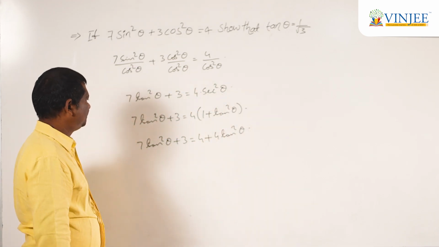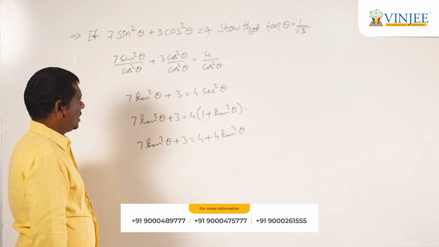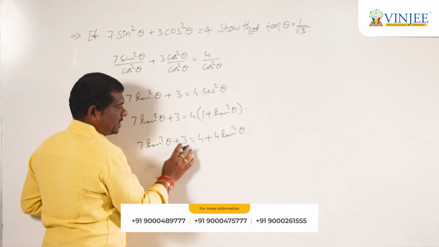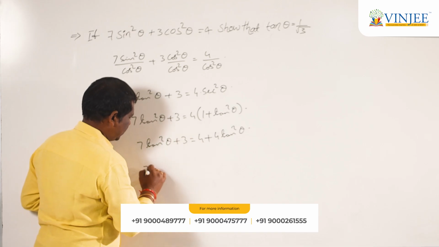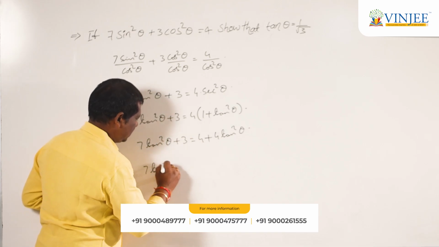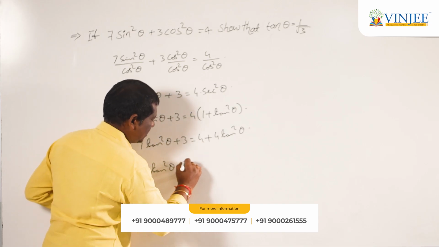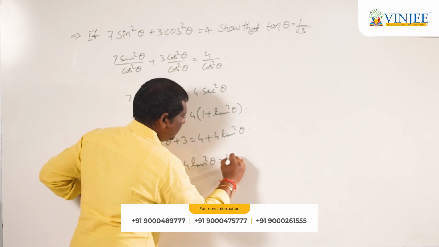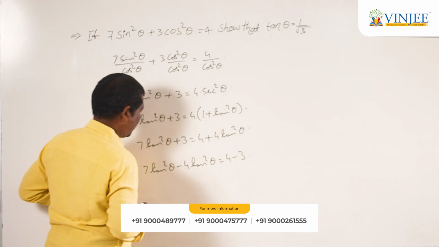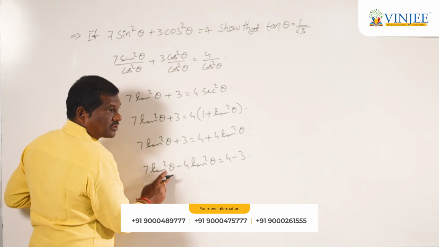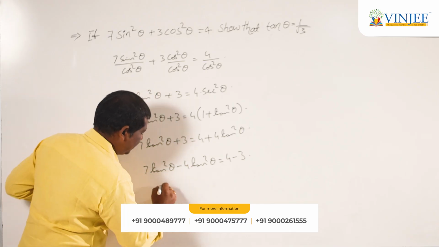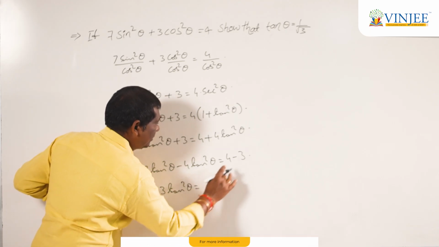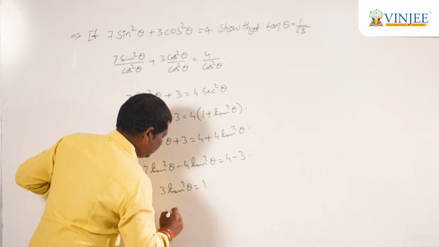Now here I will bring tan terms to LHS side and constant terms to RHS side. 7 tan square theta minus 4 tan square theta equal to 4 minus 3. Now 7 tan square theta minus 4 tan square theta is 3 tan square theta, equal to 4 minus 3, 1.